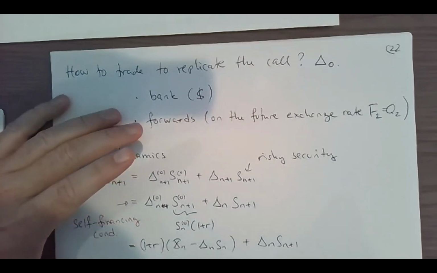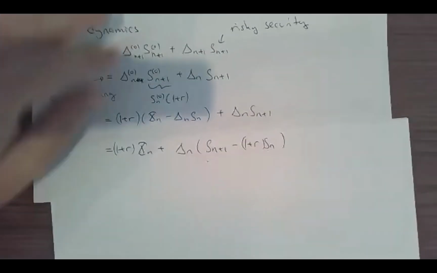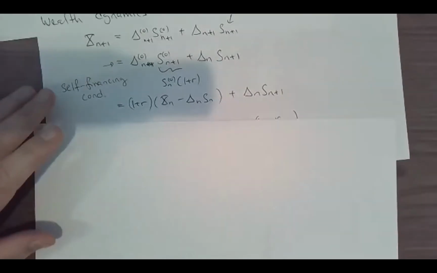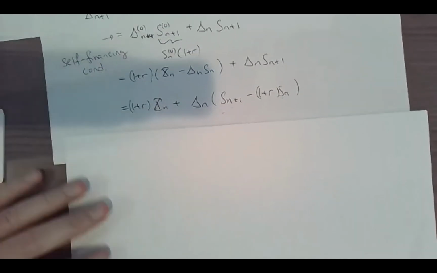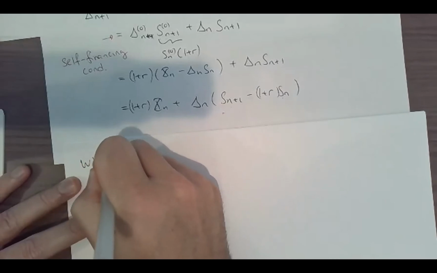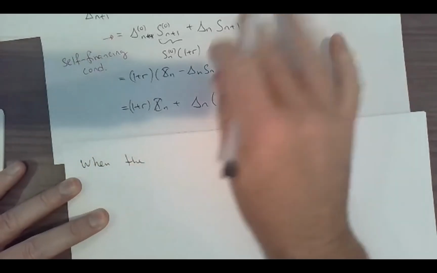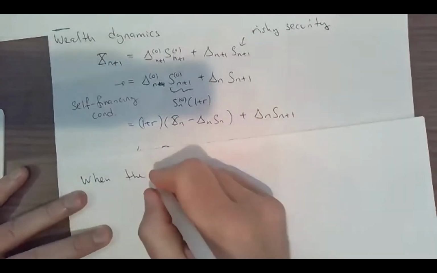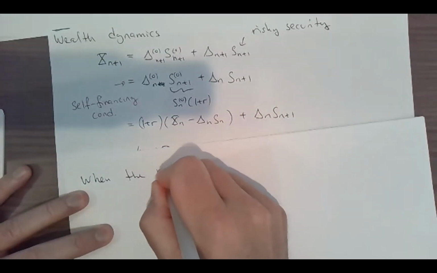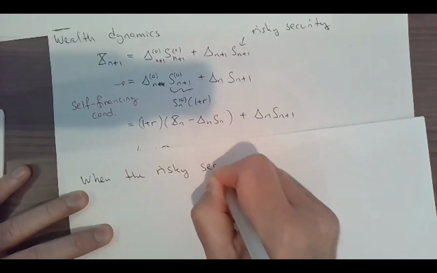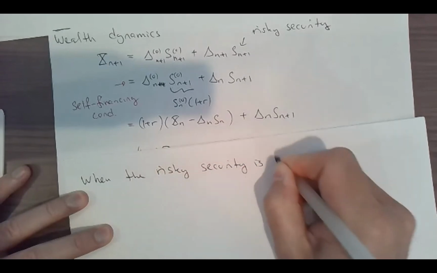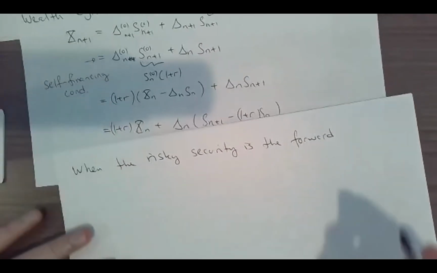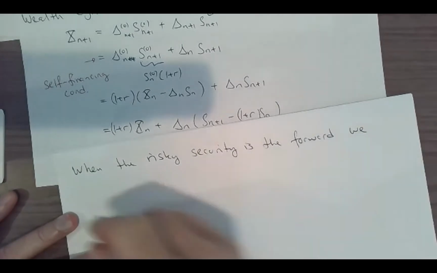So what should we write here? So we recall again that when the risky security is the forward, what do we have?